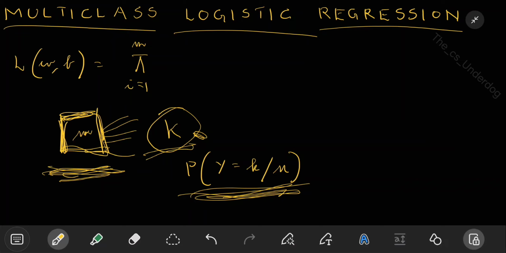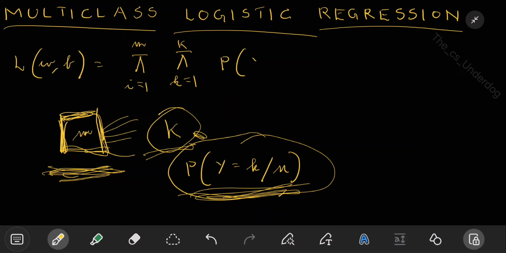Next thing you have to consider k classes. So pi, let us say k is equal to 1 to k. So over all the k classes. Then what is the probability? Probability of yi, that is the ith input belonging to the kth class, right? yi is equal to k given xi.